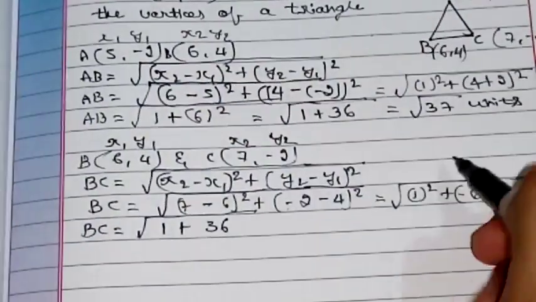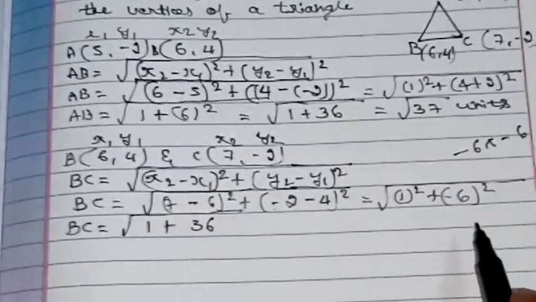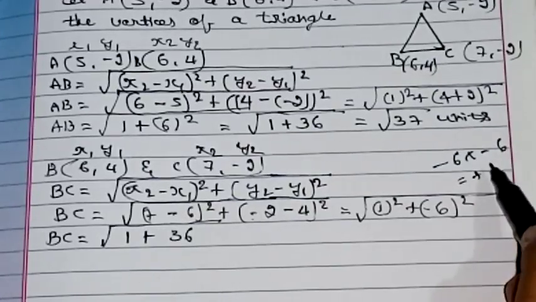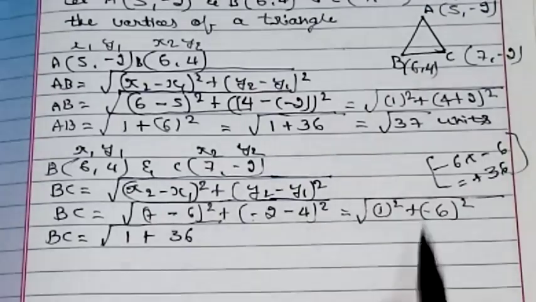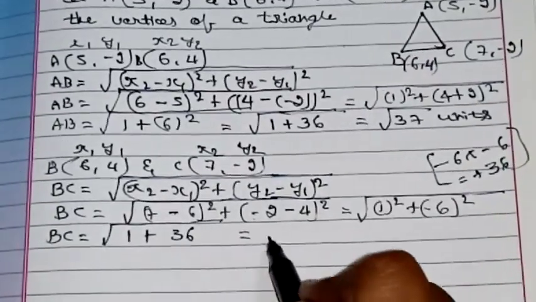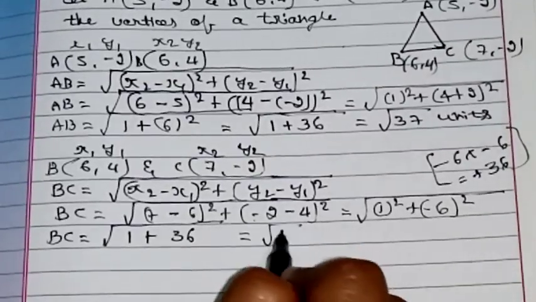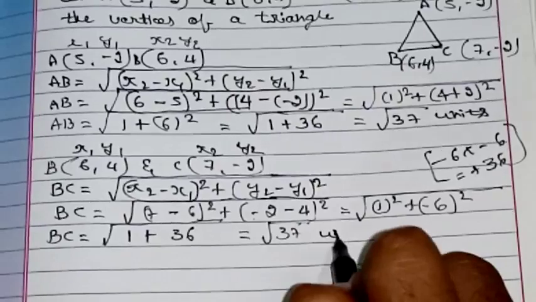So therefore here minus 6 into minus 6, minus into minus is plus, 6 sixes are 36. Right, children? Now adding, 36 plus 1 is 37. So that means root 37 units.